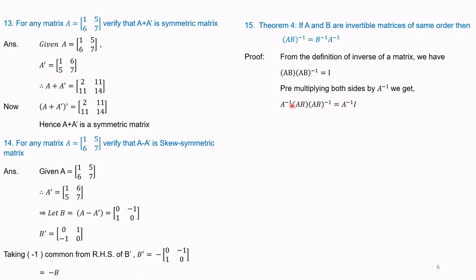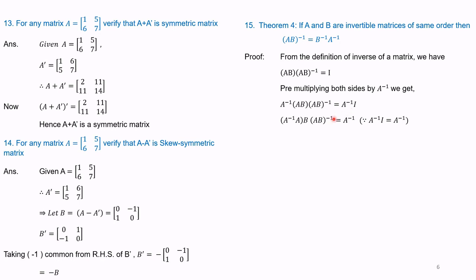Therefore, A^-1 into AB into (AB)^-1 is equal to A^-1 into I. Both sides we have A^-1, left hand side as well as right hand side.